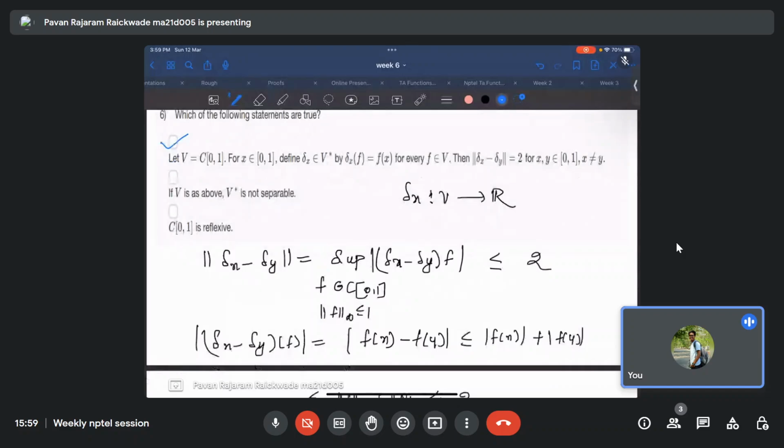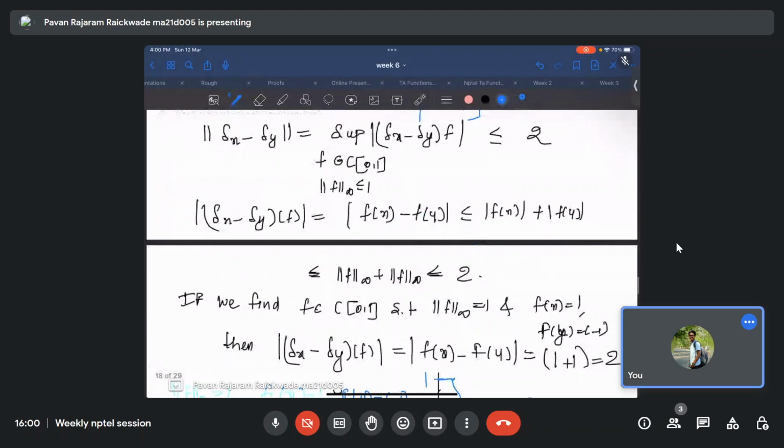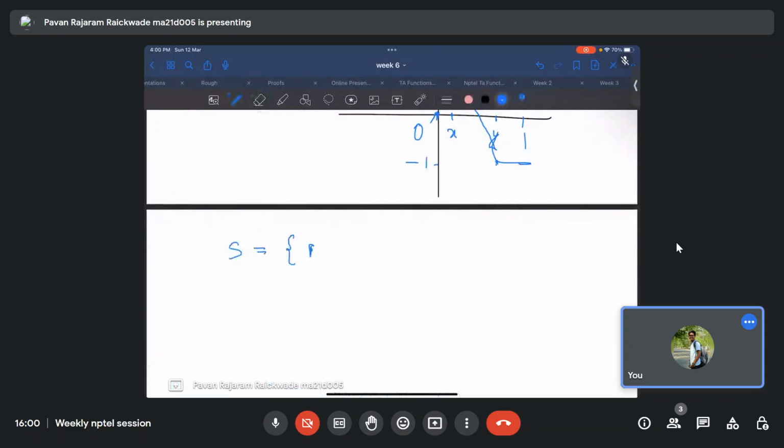If you collect the set S of all these kinds of functions, then S is uncountable, and the distance between any 2 points is 2.